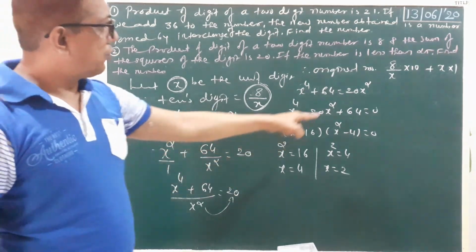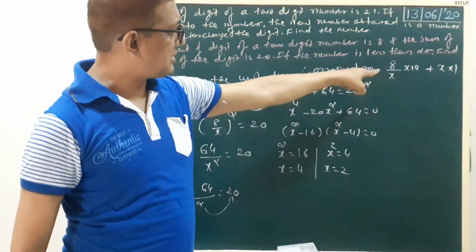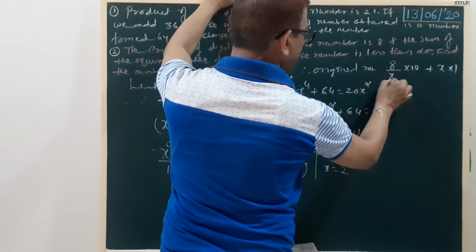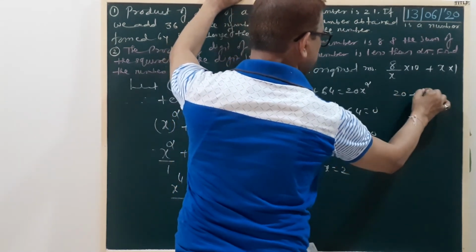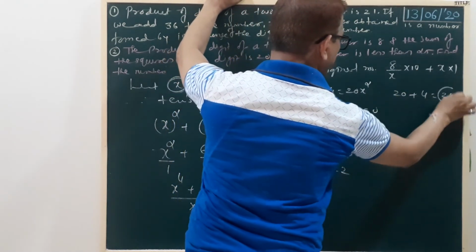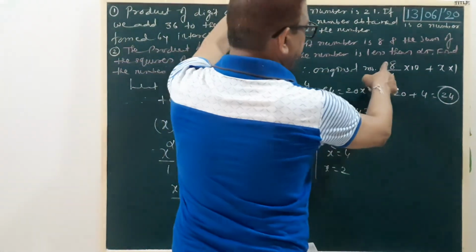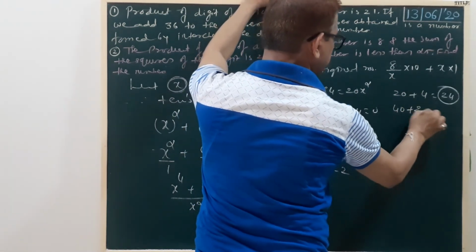Clear? Now the original number. First we place x equal to 4. 8 upon 4 is 2. 2 tens are 20 and 4 ones are 4. So the first number is 24. Now place 2. 8 upon 2 is 4. 4 tens are 40 and 2 ones are 2.